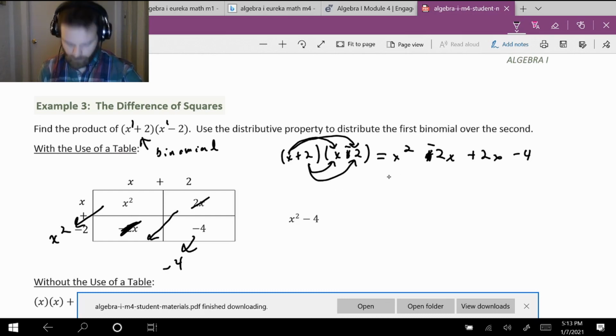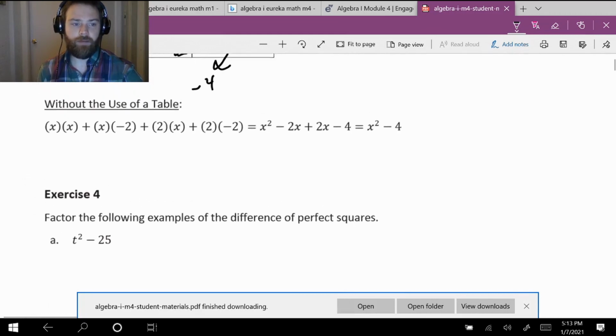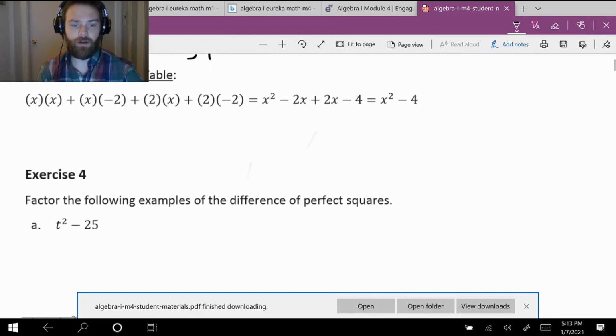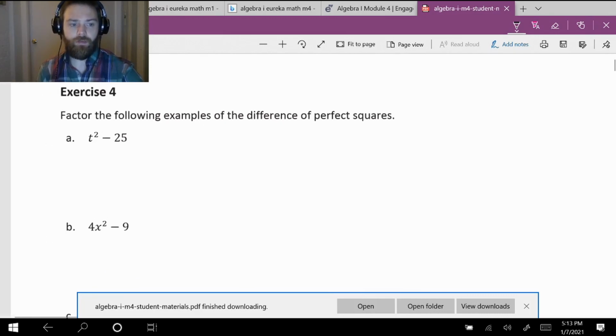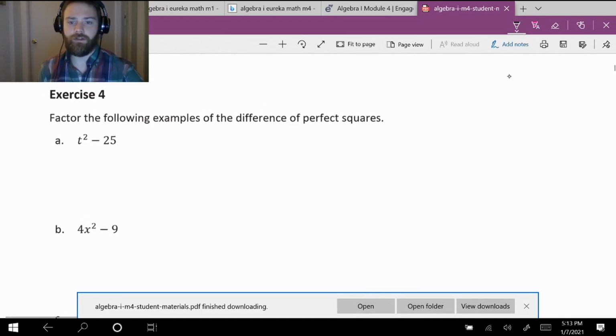Okay? So this is equal to negative 2x, and 2x will add to be 0. So I've got x squared minus 4 is left. And so by the use of the table, they're showing all those steps out, and it's the same thing. So that result that we talked about, and here's another way of writing it.